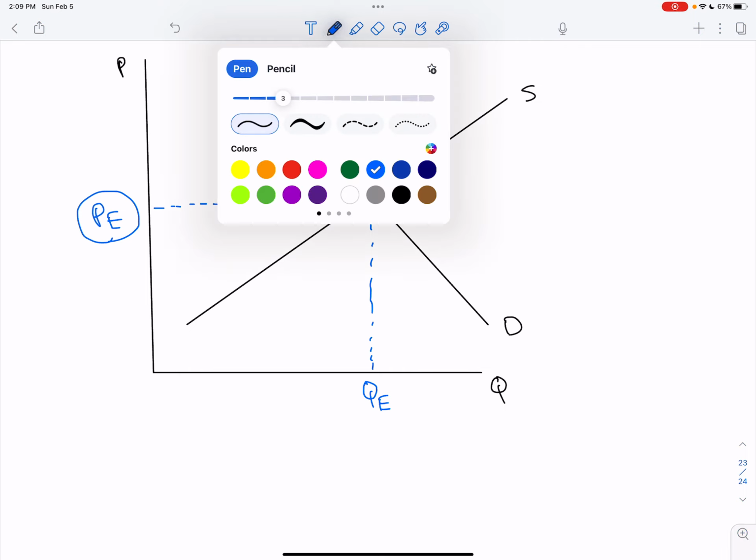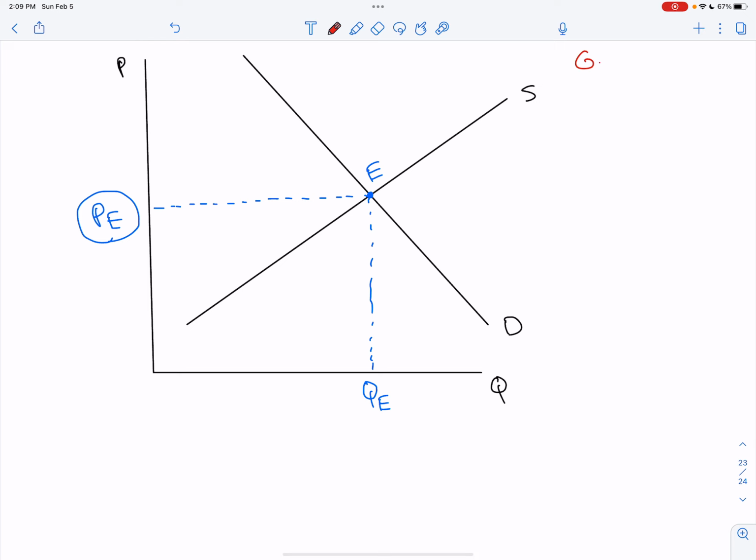Now, the government comes in and imposes a tax. So let's write that down. The government imposes excise tax T. Okay. How will this T be represented? Well, the first thing I would want to argue is that T is going to represent the difference between what the consumer pays and what the supplier actually gets to keep, right?